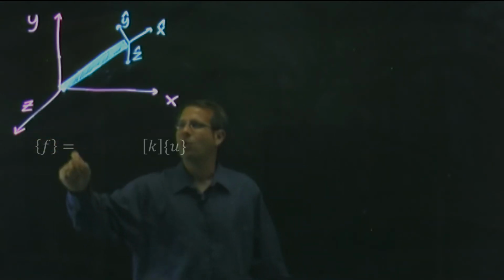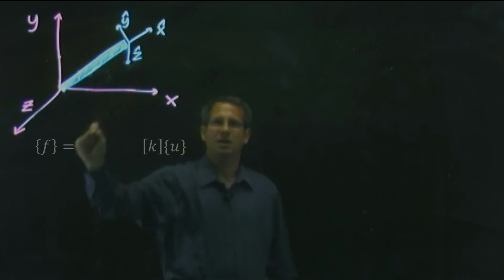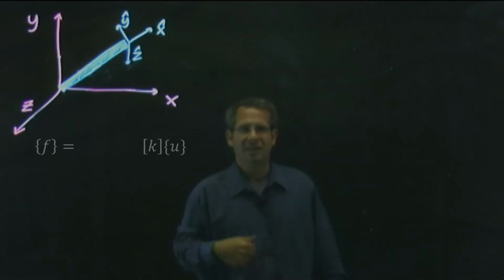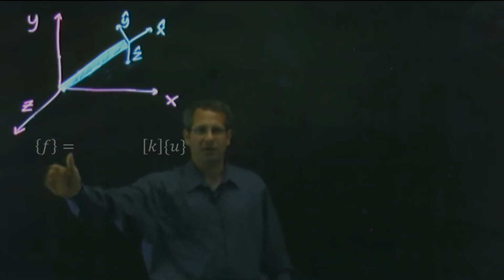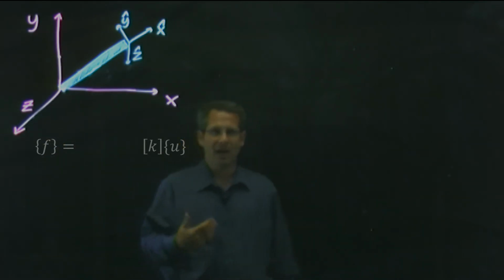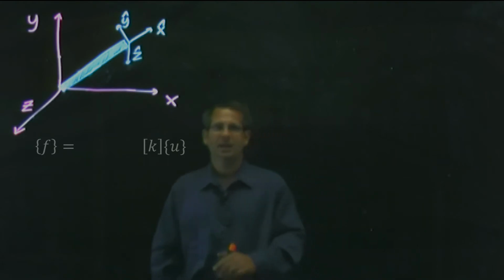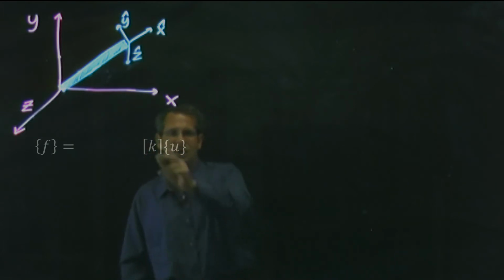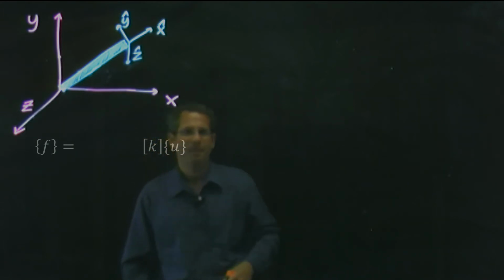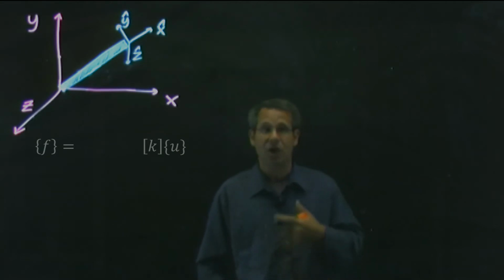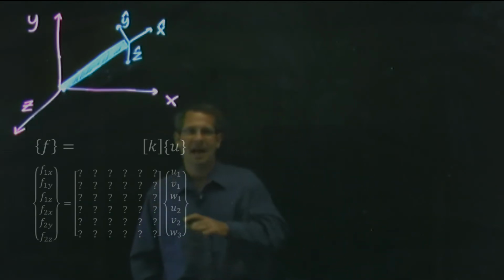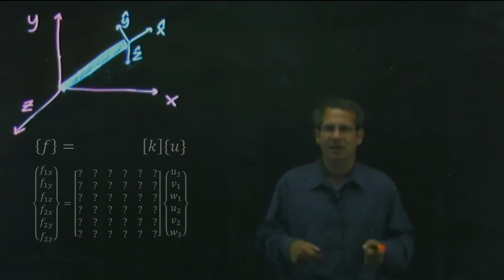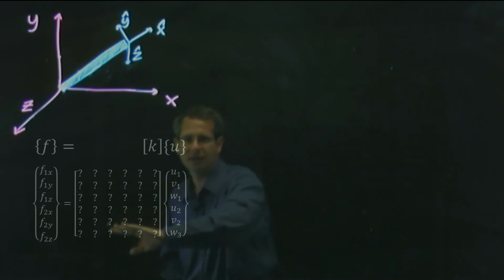We can have forces applied at each node at each end in the x direction, the y direction, the z direction. So our force vector will have 6 elements in it. So the K matrix, the local stiffness matrix in the global coordinate system, is now going to be a 6x6 matrix. And our goal in this lecture, in lecture 7, is to derive this matrix.